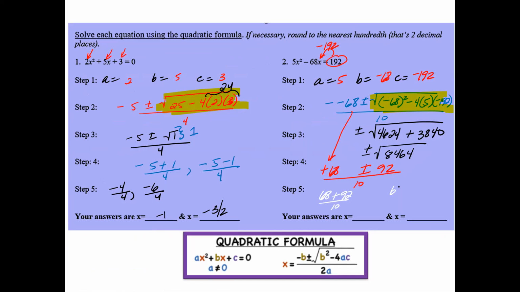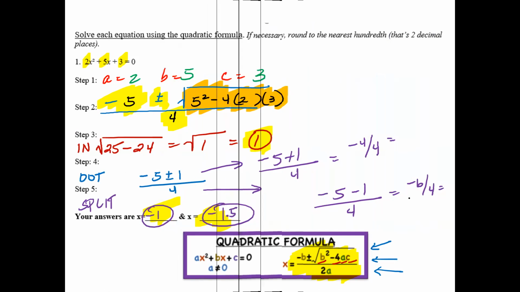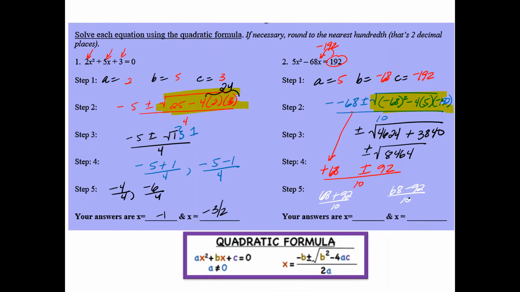And your second answer is 68 minus 92 divided by 10. So your first answer is going to be 16. And your second answer is going to be negative 2.4. And those are your two answers.